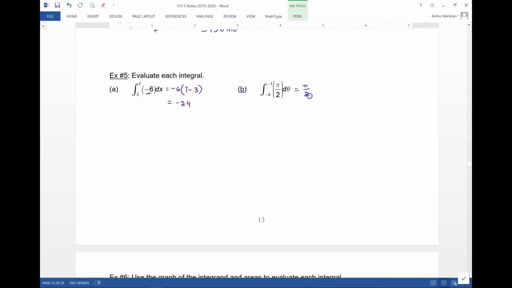That's fine, because that's still a constant. -1 minus -4. Does the direction matter there? Yes, of course it matters, because these are like vector quantities, right? Velocity, displacement. So the sign matters. 3 pi over 2.